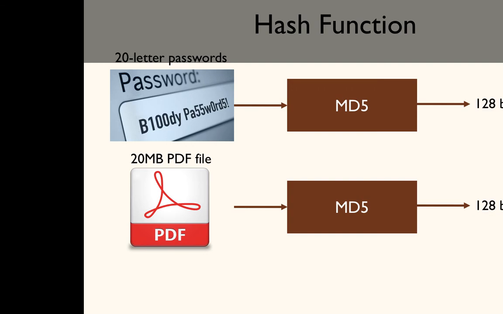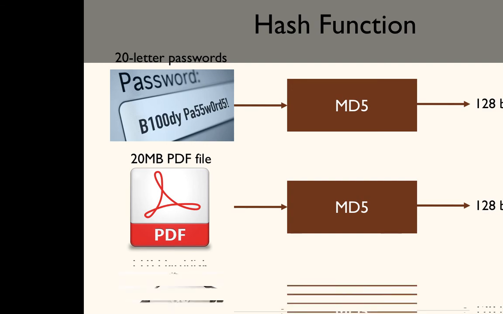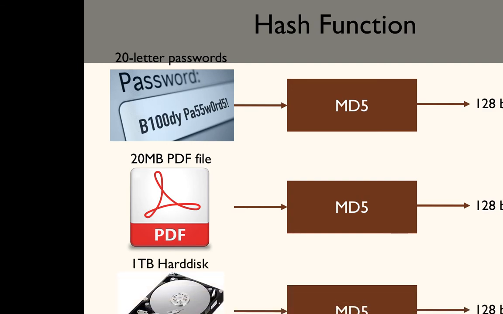So if you want to compare two big PDF files, you can calculate the MD5 of each. If the MD5 is different, actually they are for sure different. Those two files, for sure they are different. And also, you can use a hash function to hash a huge hard disk.